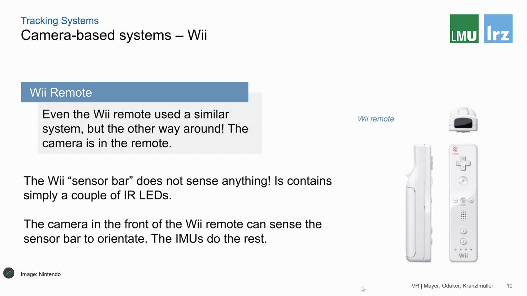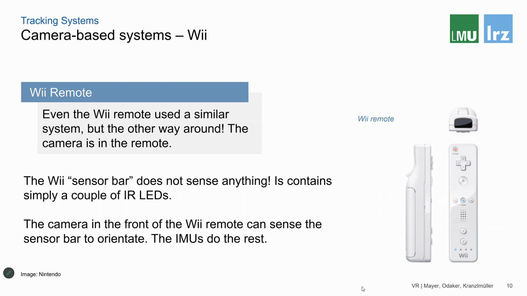And you also got a so-called sensor bar that you placed under your TV. The name sensor bar is slightly confusing, because it does not do any sensing. What it actually does is, the sensor bar contains a couple of infrared LEDs, and the camera is actually in the remote.